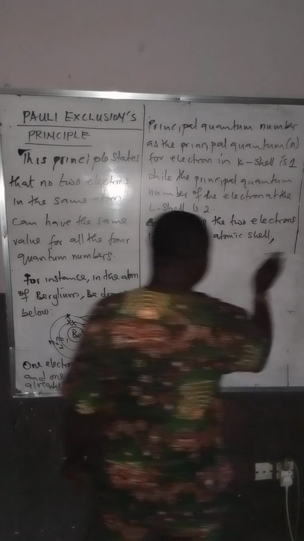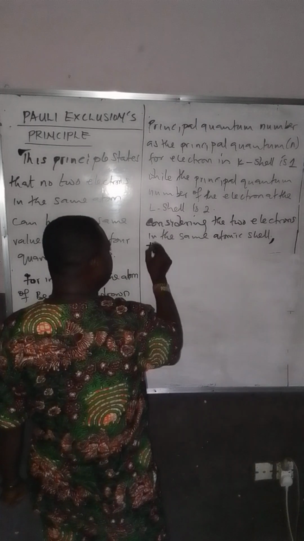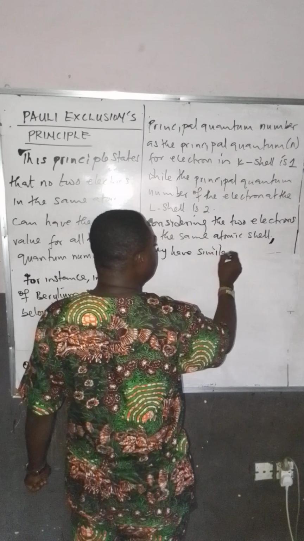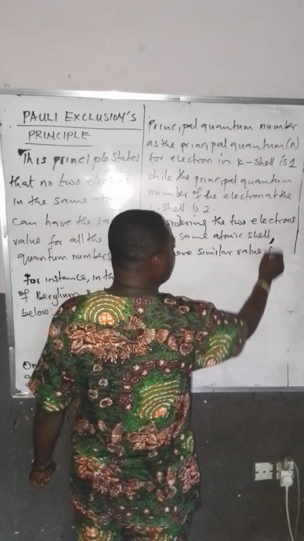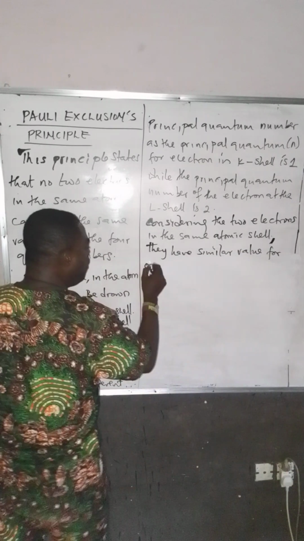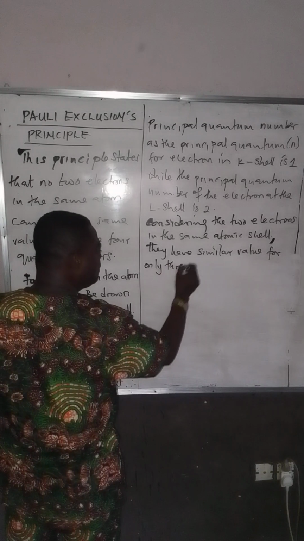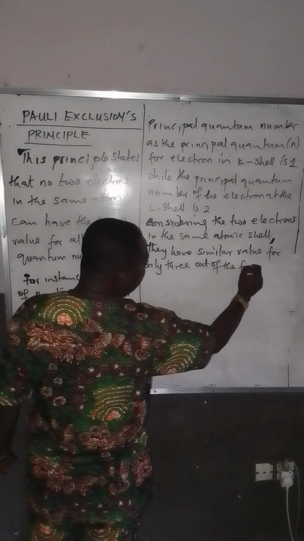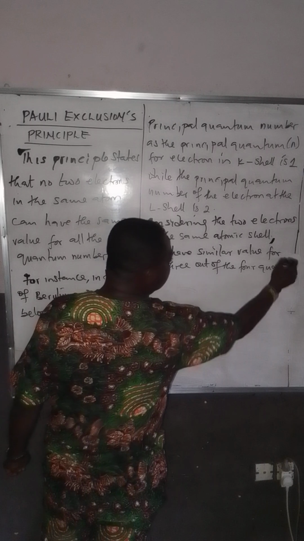Then what are we saying? They have similar values for only 3 out of the 4 quantum numbers.